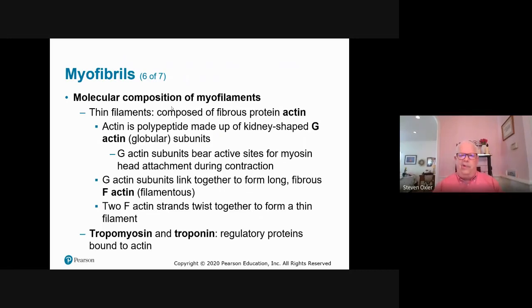Those two other proteins are tropomyosin and troponin. They are known as the regulatory proteins. They are bound to actin. When you want to contract your muscle, the regulatory proteins control the contraction and the cross bridging of actin and myosin.